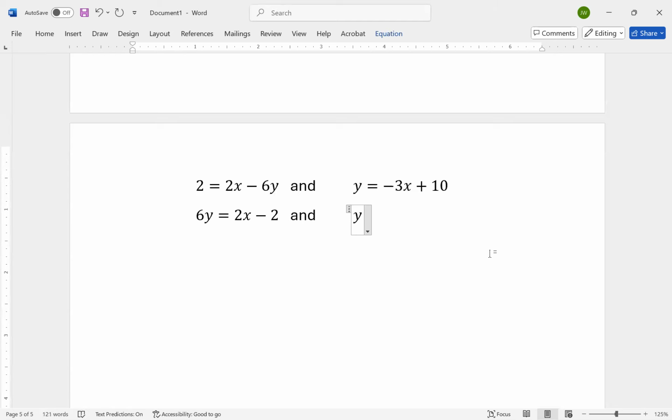I don't have to do anything with that. Dividing this first line on both sides by 6 gives me y is equal to 2 divided by 6 is 1/3, x minus 1/3.